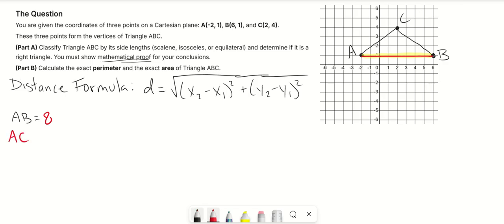To find AC, we will need to plug into the distance formula.